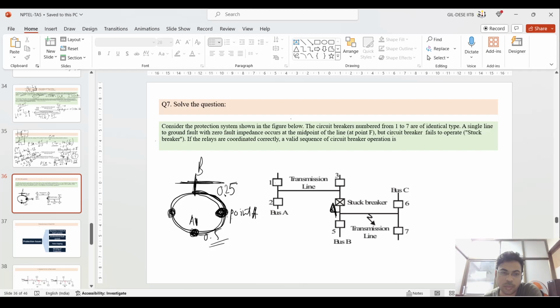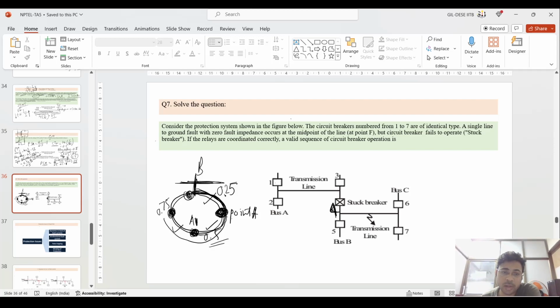It means it will move 0.25, then 0.25 to make this contact. Suppose I am at this position, a 0.75 position. It means I have to move from here. This is basically the time delay that I have set. So you have to make this travel to make the contact at B.